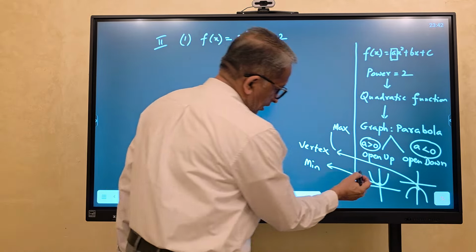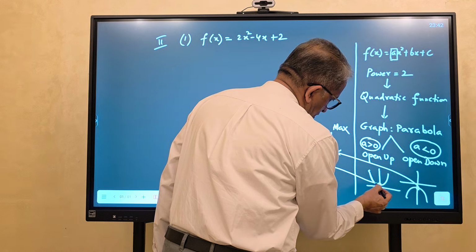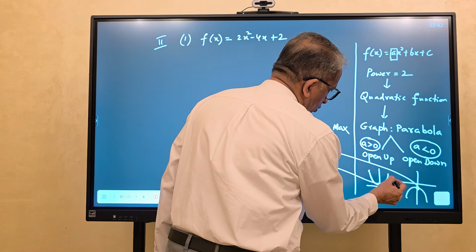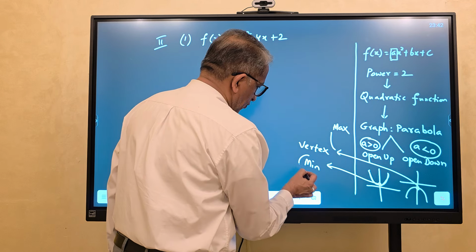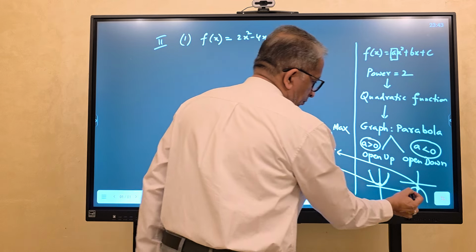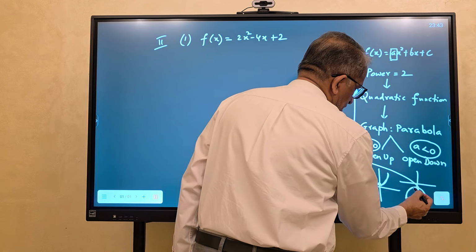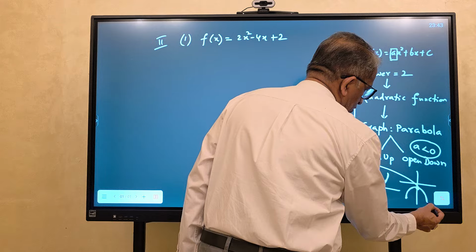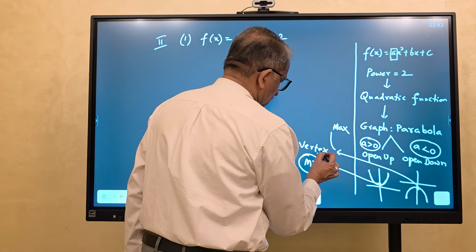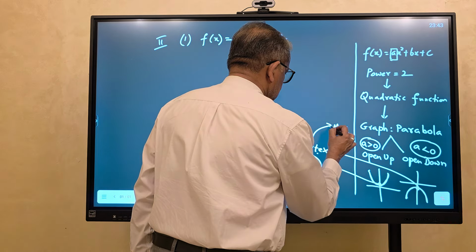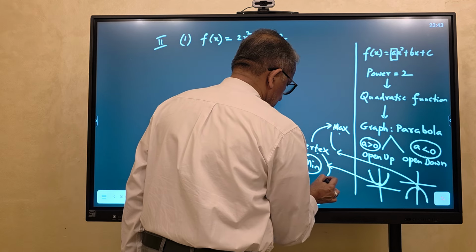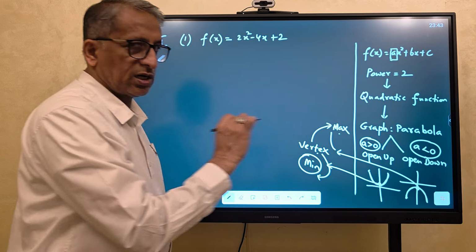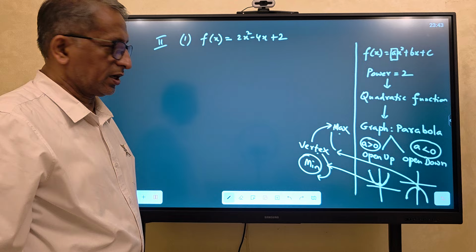Why minimum? You come here, go to the minimum, then go up. So the vertex is the minimum. But in this case, you come here, go to the maximum, then go down. So the vertex is the maximum. So this is how things will work.